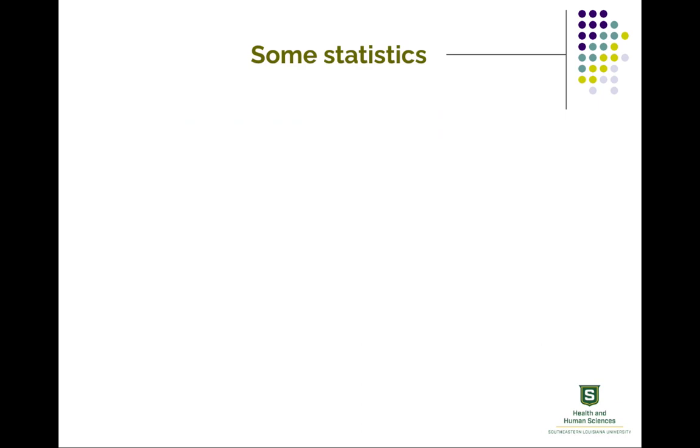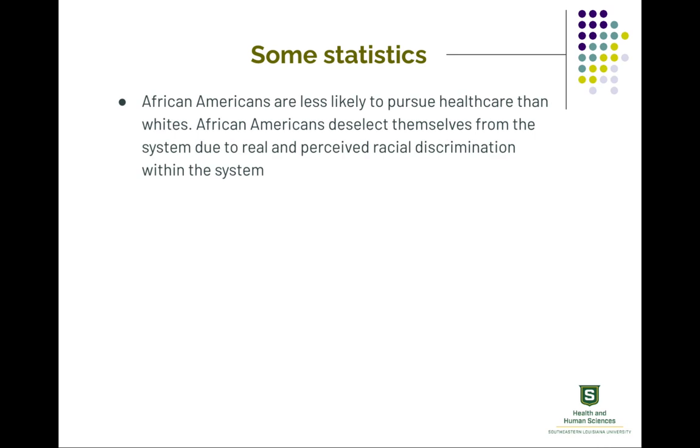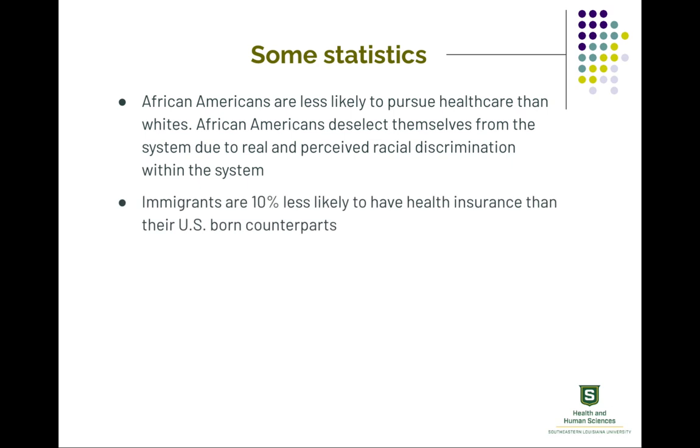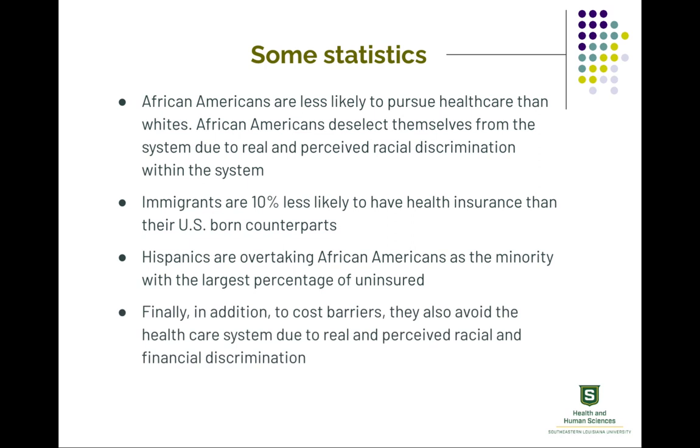There are a couple of statistics out there in terms of how health disparity has worked out. You have African Americans being less likely to pursue healthcare services than white Americans. You have immigrants being 10% less likely to have health insurance than US-born people, and Hispanics right now catching up to being the majority of Americans or residents who are not insured.